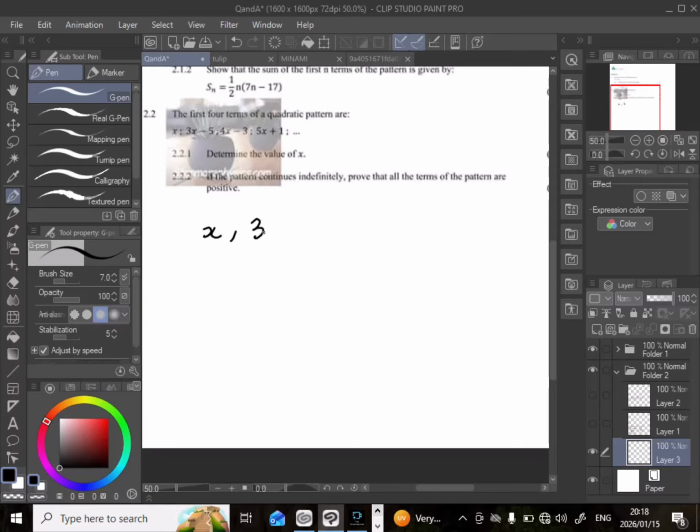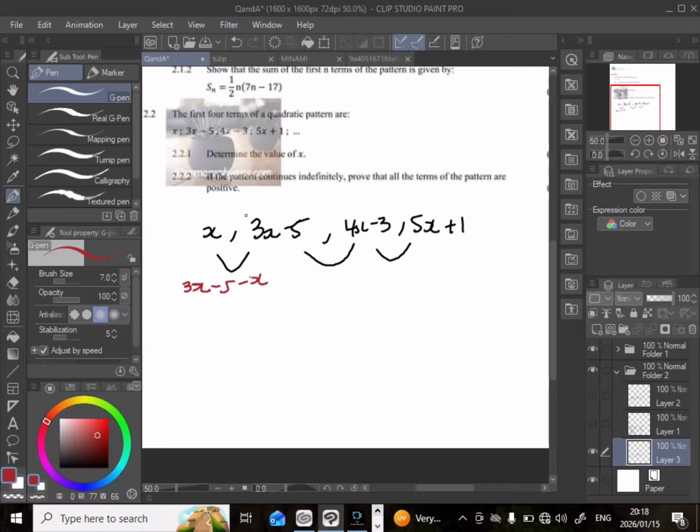Now the first difference here, let me just take another color. Remember, how do you find the difference? We take this subtracted by this. It's basically 3x minus 5 subtracted by x.